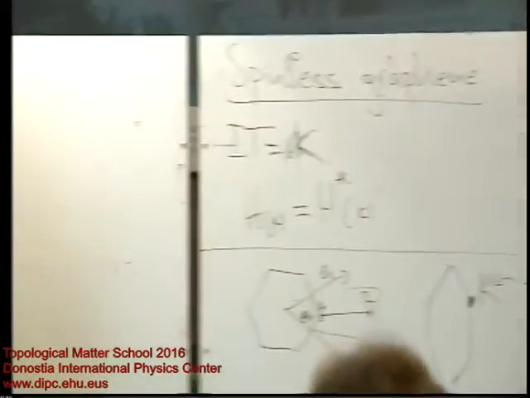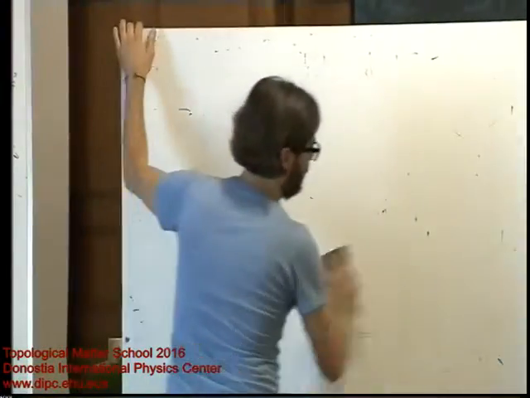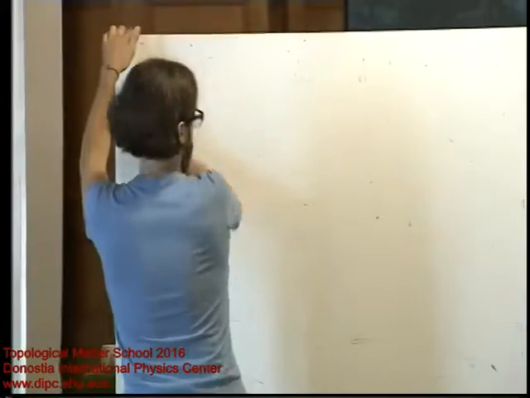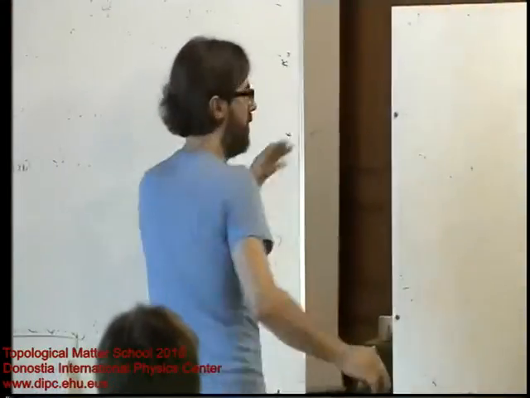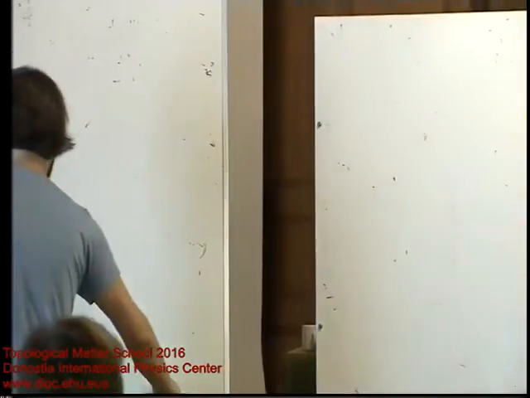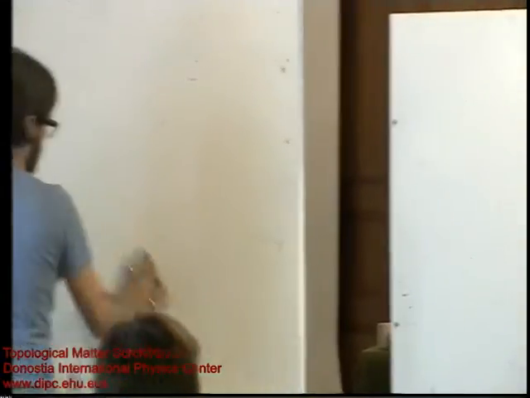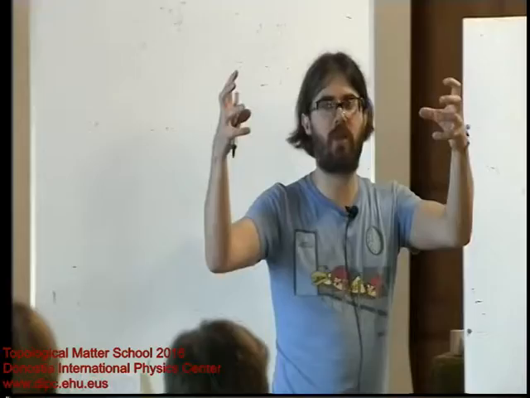Okay. So, even if it hybridizes, the Fermi level sits in the pz orbital. So I'm just going to focus on the pz orbitals. And if I don't look at the out of plane, pz orbitals look like s orbitals.